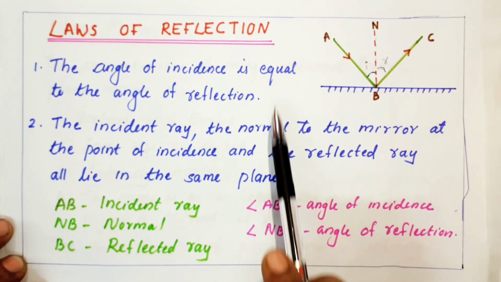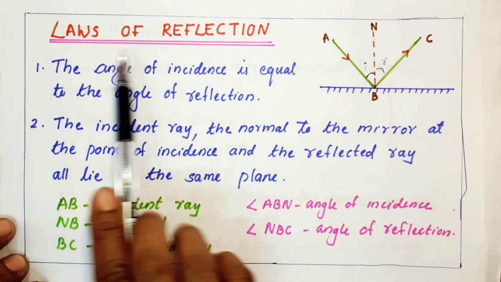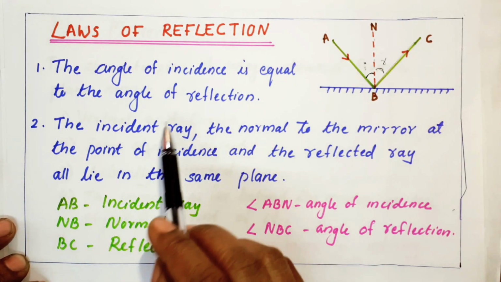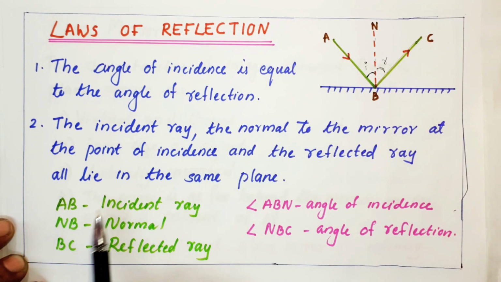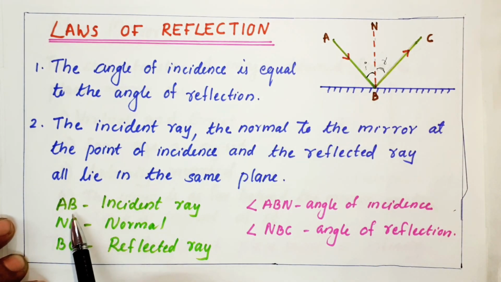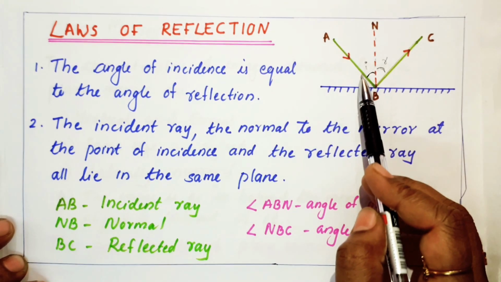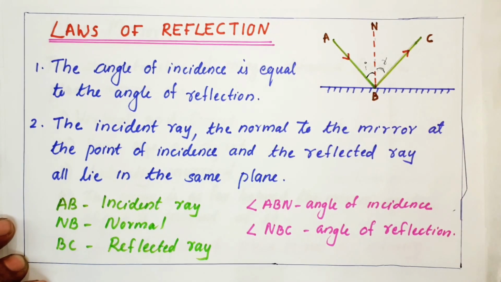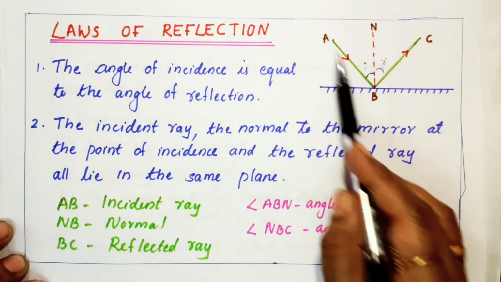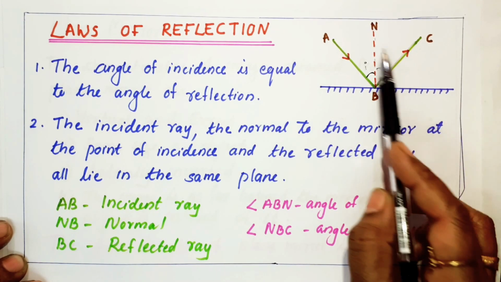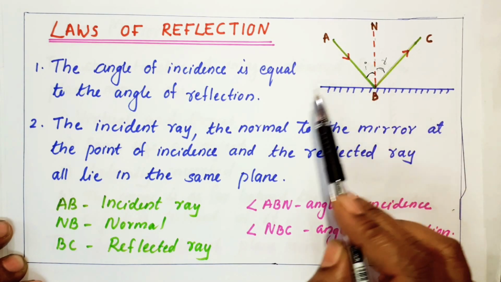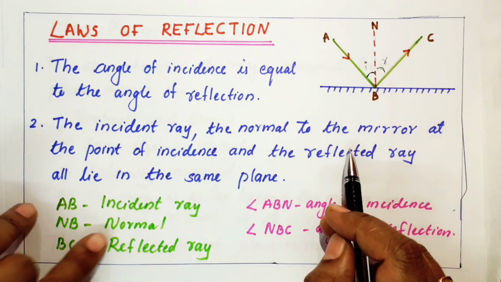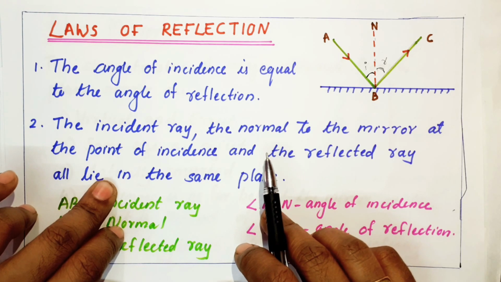So these two laws together we call the laws of reflection. This angle is called the angle of incidence and this angle is called the angle of reflection, and their magnitudes are the same.